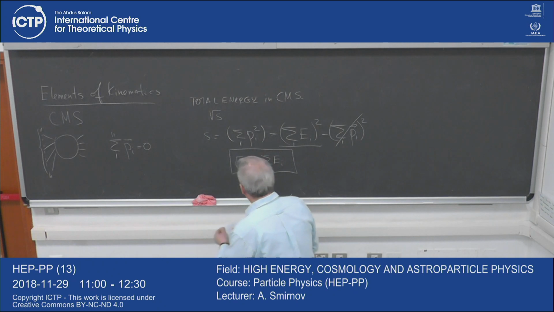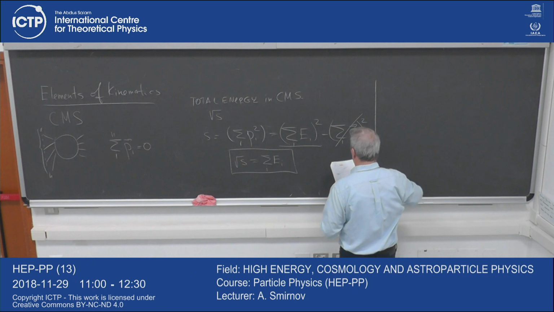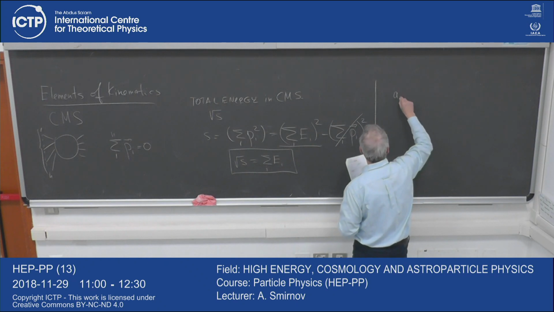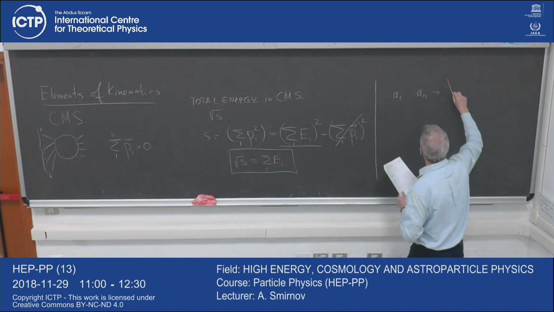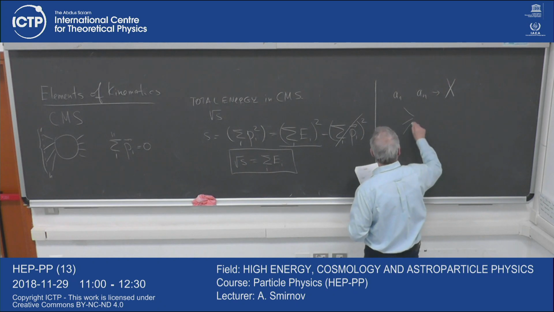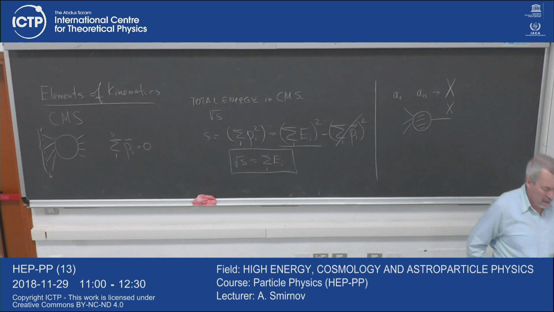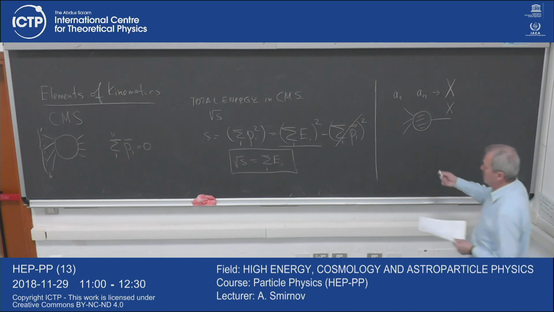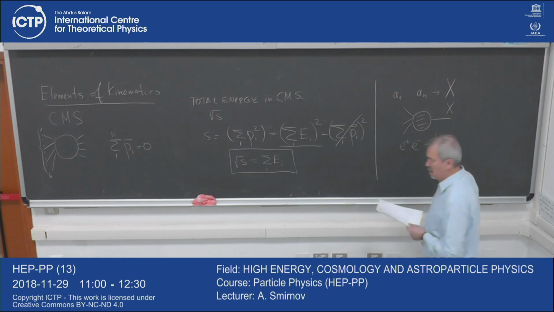So now let us consider the following process. Suppose we have some number of particles which annihilate into a single particle x. So we have some particles in the initial state, and in the final state we have a single particle x. An example is, and we will discuss this, e+ e- annihilation into some unit particle.